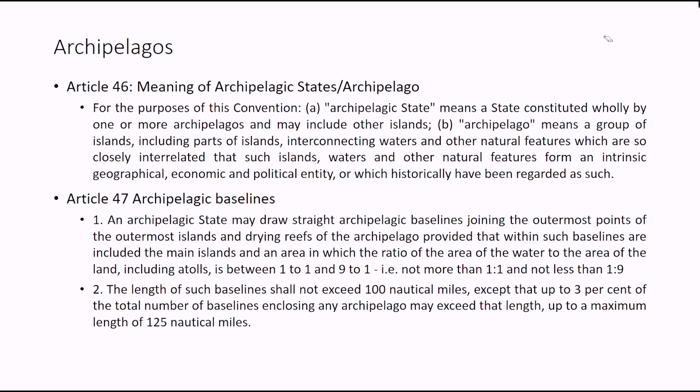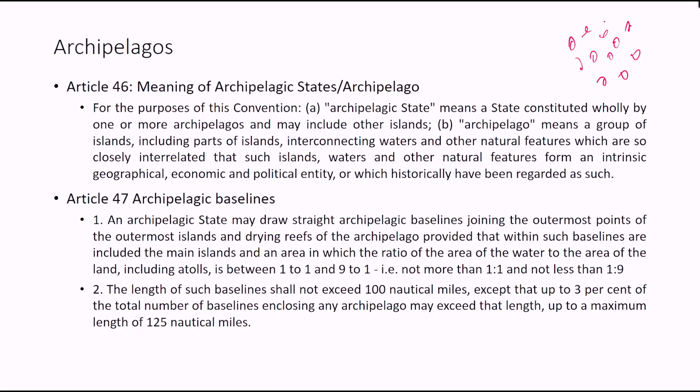Now, how to draw a baseline, especially in the scenario when all of this group of islands constitute one single state? For example, West Indies, where there is a cluster of islands and this group of islands forms a particular country, or any other country where there is a group of islands and it forms one single country. How will it have its own territorial water? How will it have its own exclusive economic zone?